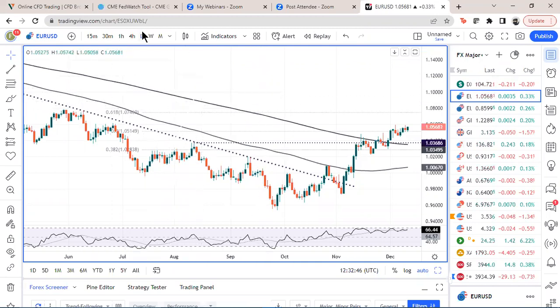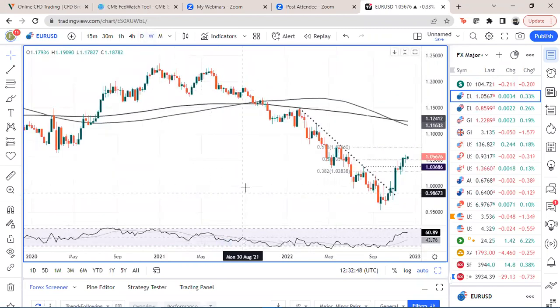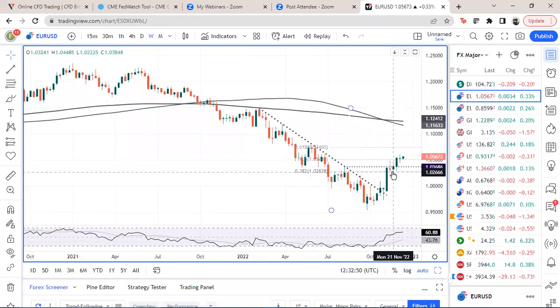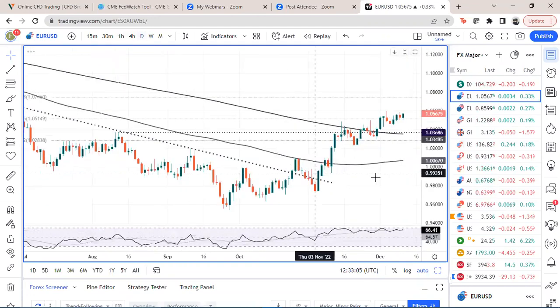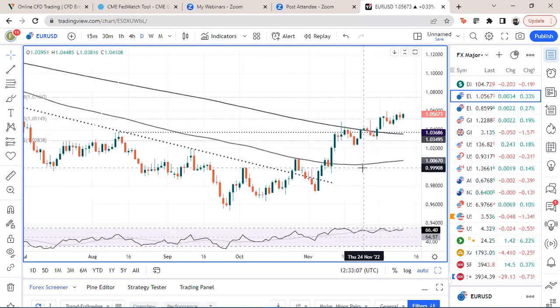Technically then, if we look at a weekly chart, you can see a doji candle on the weekly last week. That's denoting some indecision, which is understandable before this ECB meeting. But if we pop back to the daily, you can see technical resilience has been quite impressive.